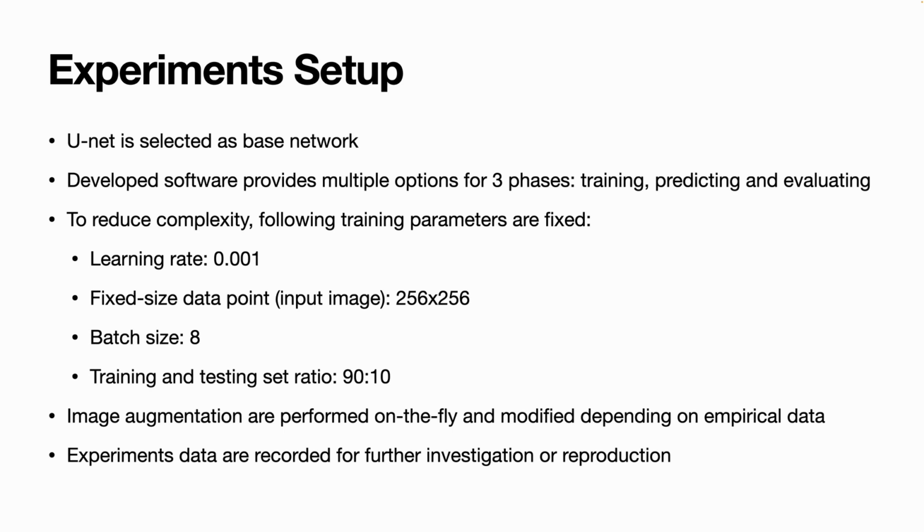This would decrease the computational resources needed for processing while training on the training set. The batch size will be 8 here. Actually, it is a hardware limitation, so the batch size can be only 8 maximum. The training and testing set ratio should be 90-10.